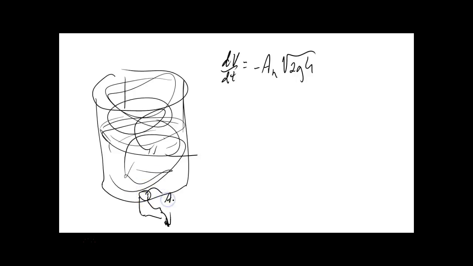G, of course, is the acceleration due to gravity, and h, I'm pretty sure, is the height of the tank. Again, you don't have to memorize these or learn them. It's just another example of how we use differential equations, basically all the time.